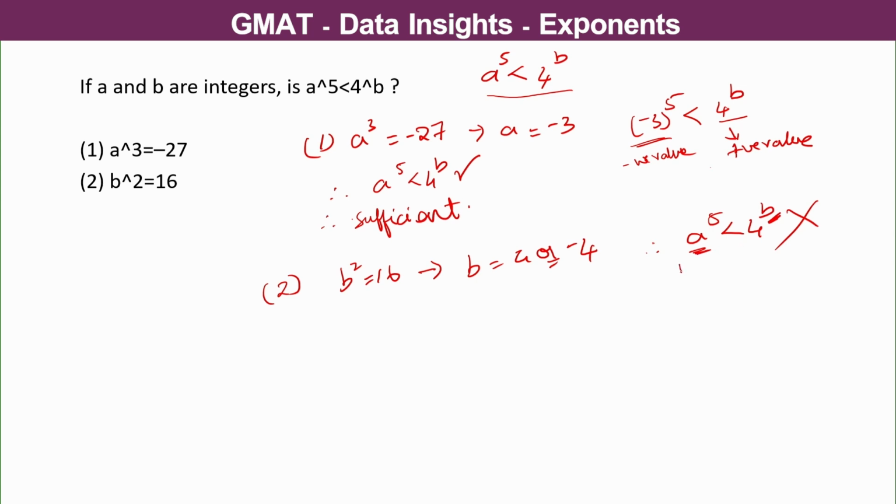We do not know whether it is positive or negative or 0. So, out of these possibilities, we cannot define whether or not a to the power of 5 is less than 4 to the power of b. Therefore, this is not sufficient. Therefore, the answer is option A, where statement 1 is sufficient but statement 2 is not sufficient.